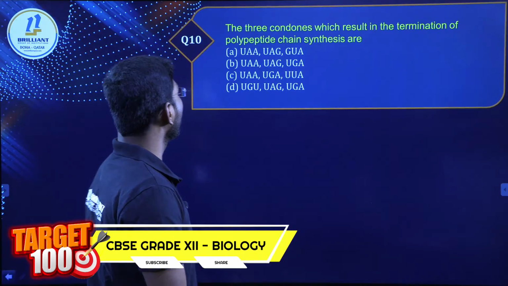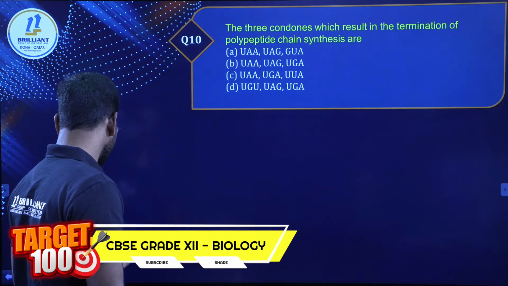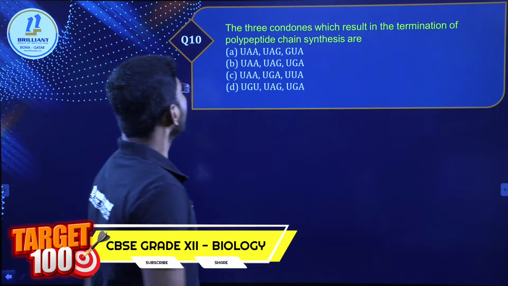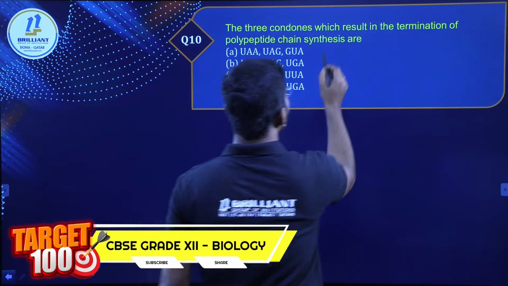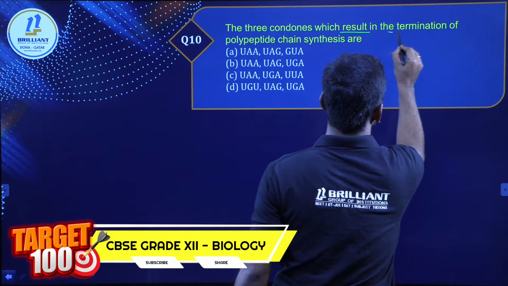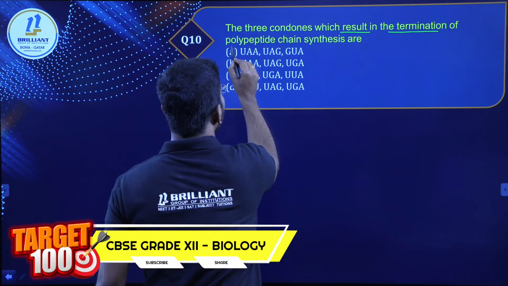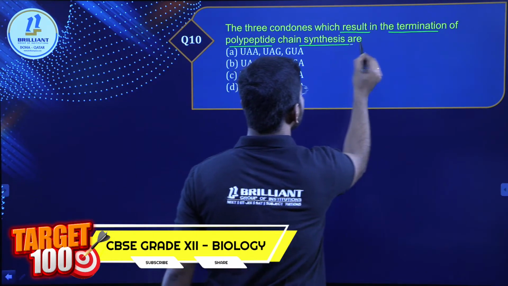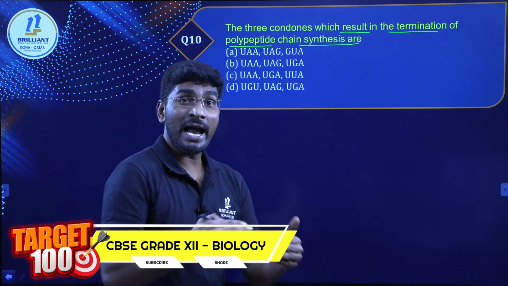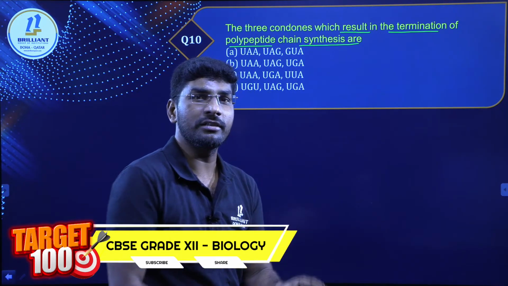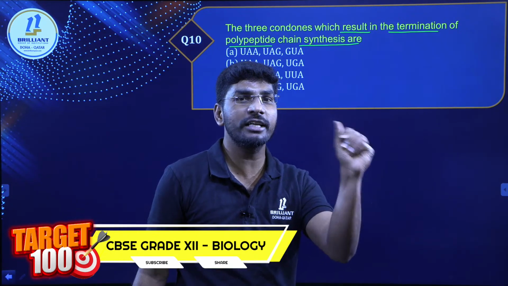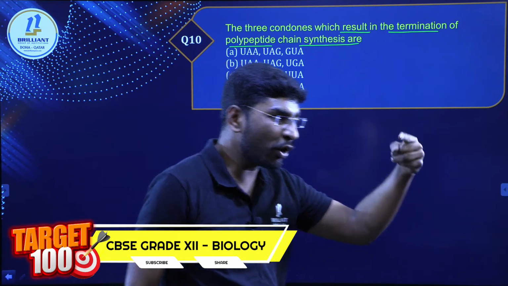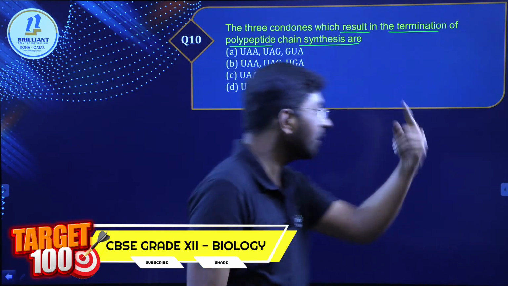Question number 10. Very complicated question. There are 3 codons which result in the termination of polypeptide chain synthesis. In translation termination, there are 3 stop codons. Can you guess what the stop codons are here? Look at the options.